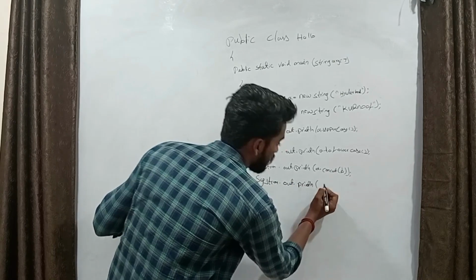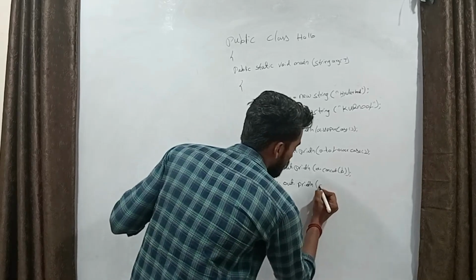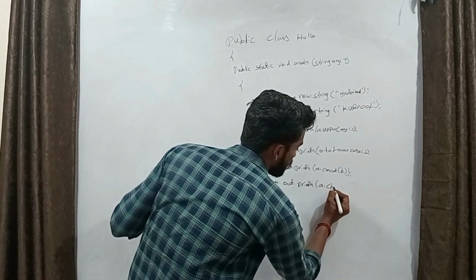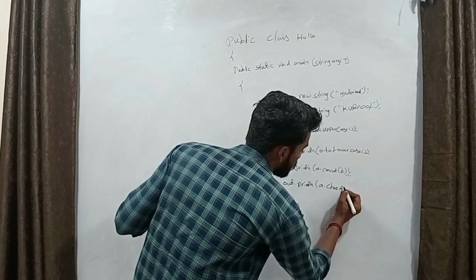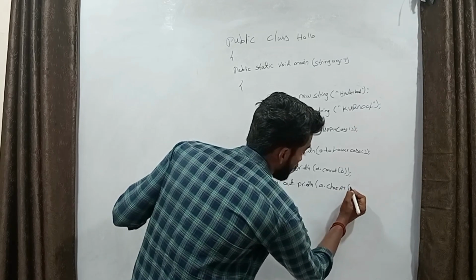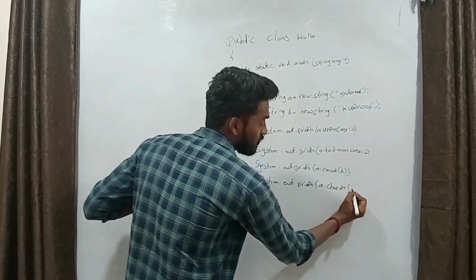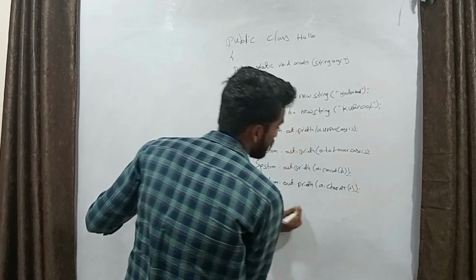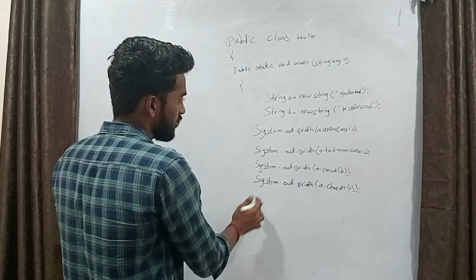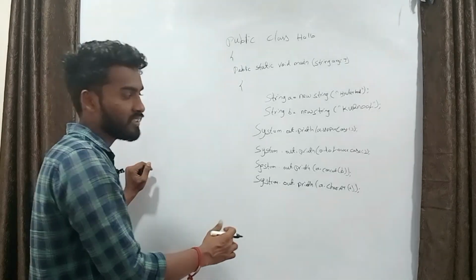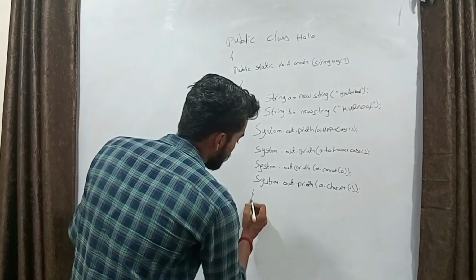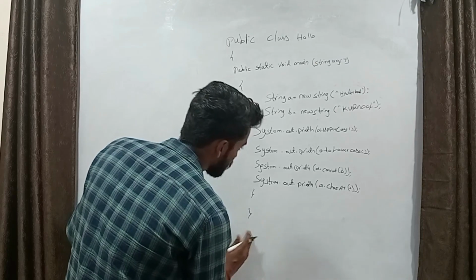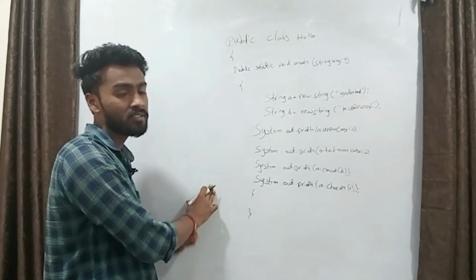And then A dot charAt. Here A should be a capital letter, and I am passing the value inside the method and closing. This is the end of the code, and this is about String classes. Closing the main method, closing the main class. This is about String classes.